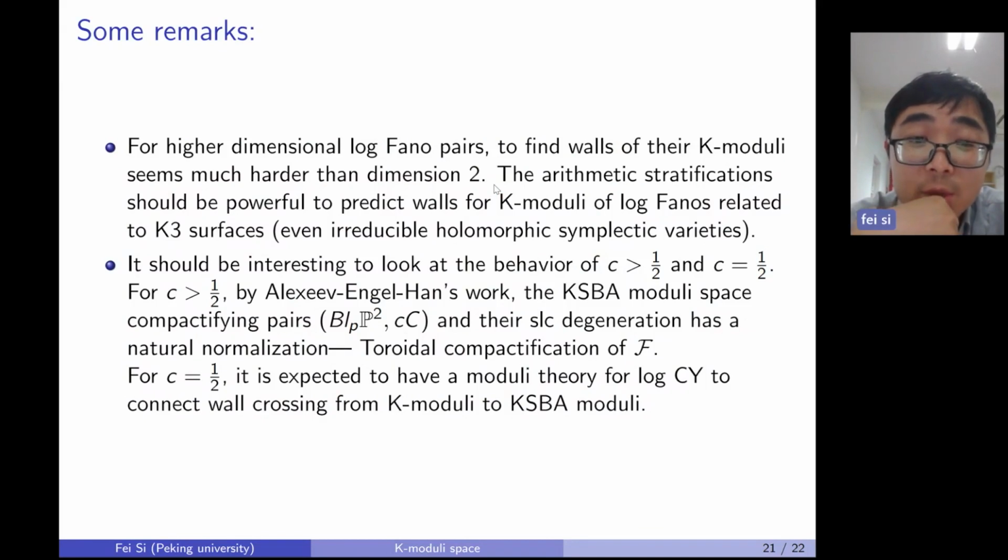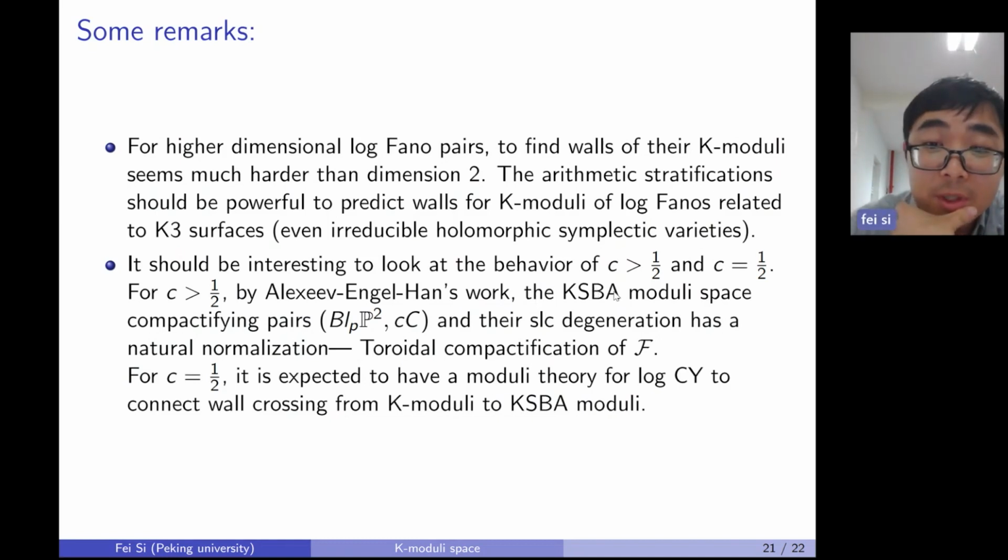it may be interesting to look at the behaviors for coefficient 1/2 or bigger than 1/2. For coefficient C bigger than 1/2, by the recent work of Alexeev, Engel, and Han, the pairs we consider have a so-called KSBA moduli space.